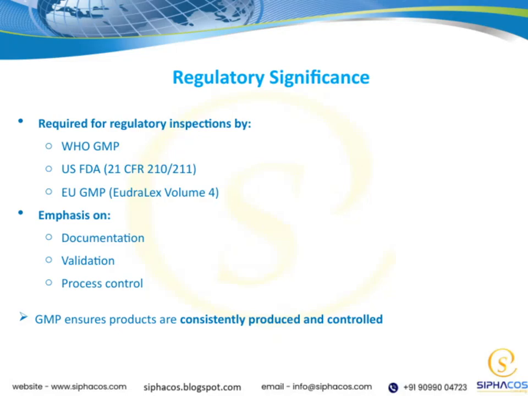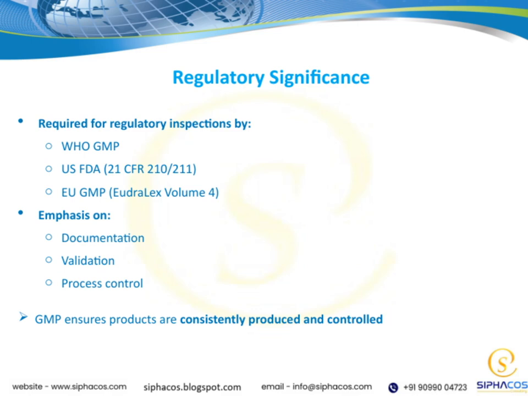Let's talk about the regulatory significance of good manufacturing practice, or GMP. First, it's essential because it's required for regulatory inspections by major agencies like WHO GMP, the US FDA under 21 CFR 210 and 211, and the EU GMP outlined in EudraLex Volume 4. These agencies make it clear that adherence to GMP is crucial for compliance.